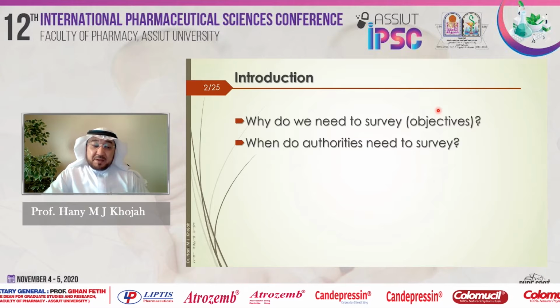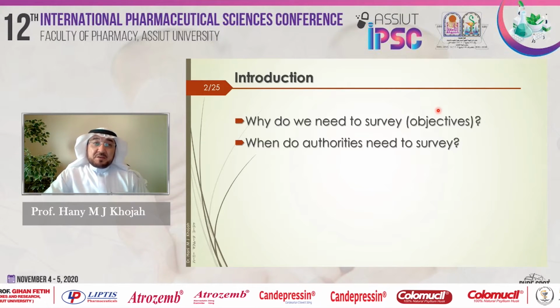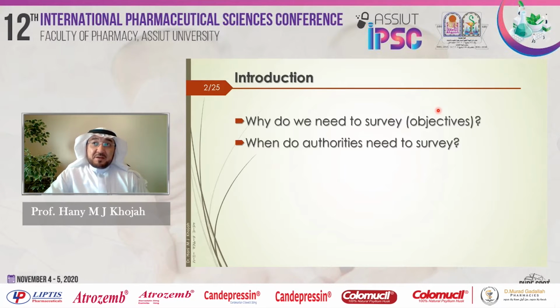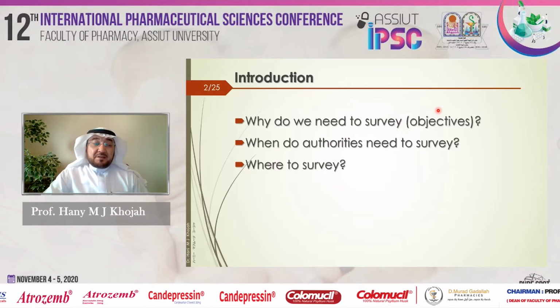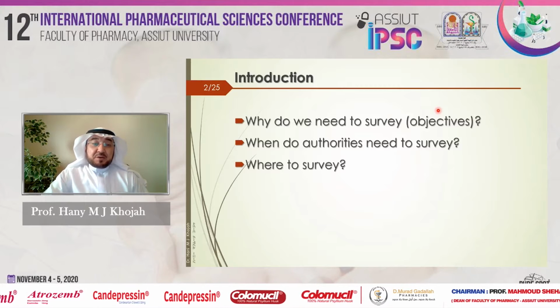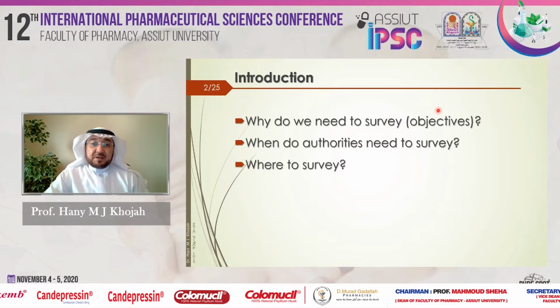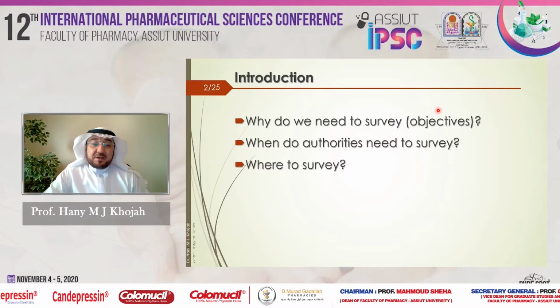This depends actually on the country, on the resources. Of course, poor countries cannot do all these things in anticipation. They usually start when there's a problem. And where to survey: in which geographic area of the country, in which city, or in which district, and what kind of pharmacies or drug selling outlets should we survey?